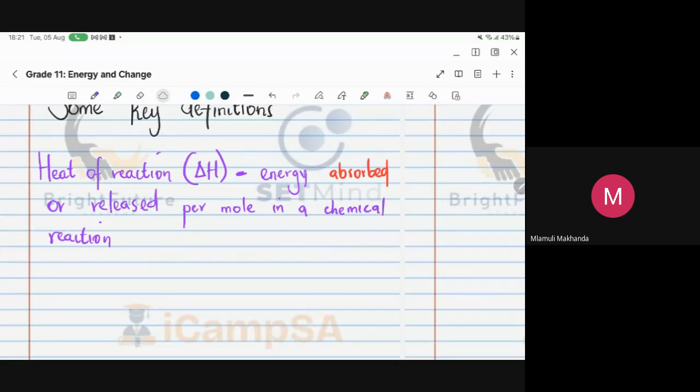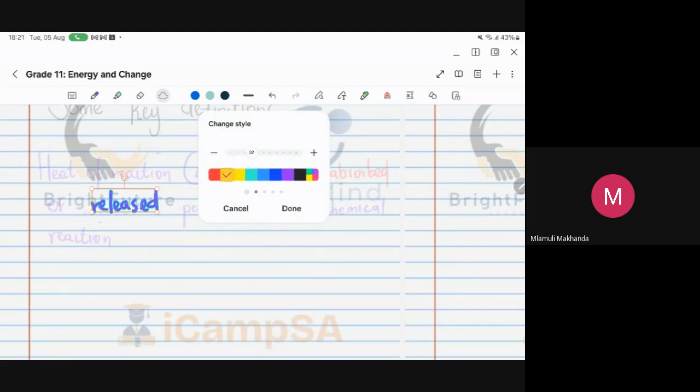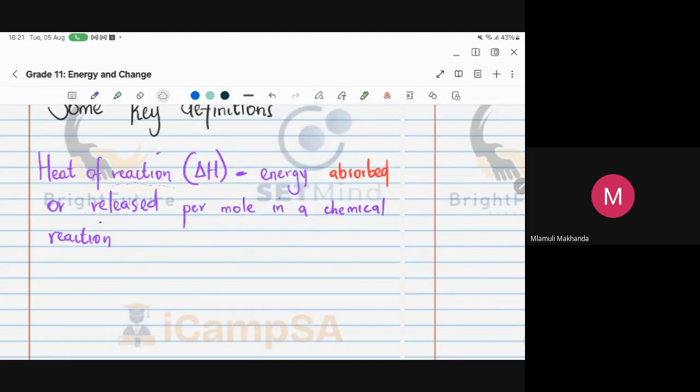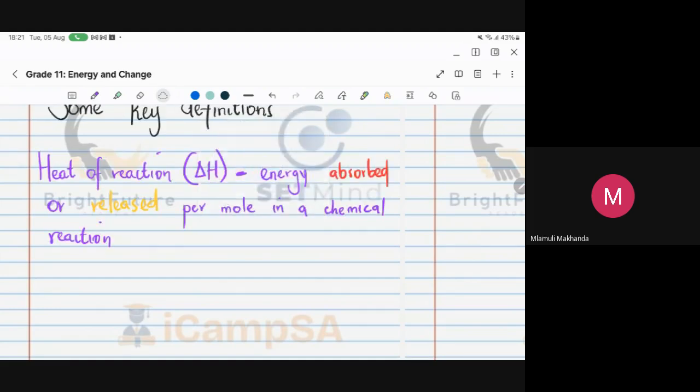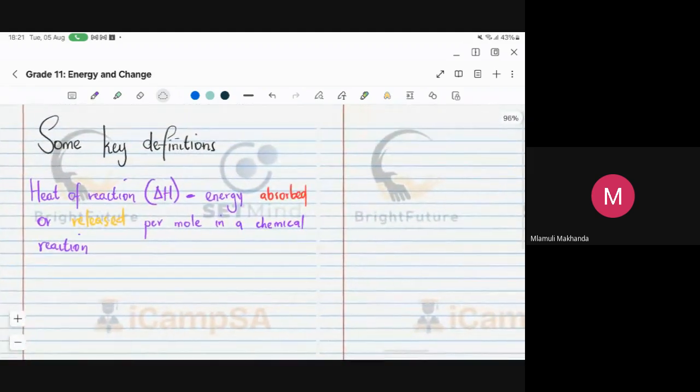Or released, let's make this one orange. You have these two keywords, absorbed or released.